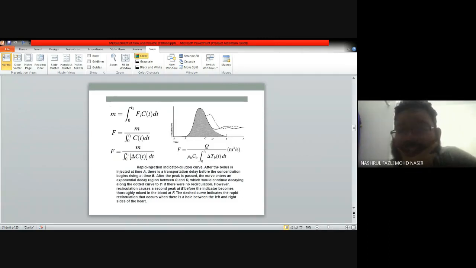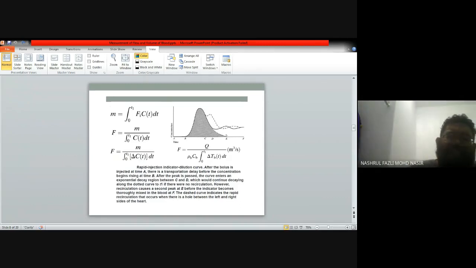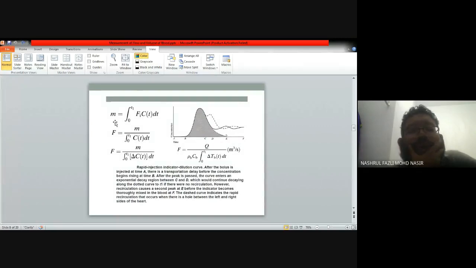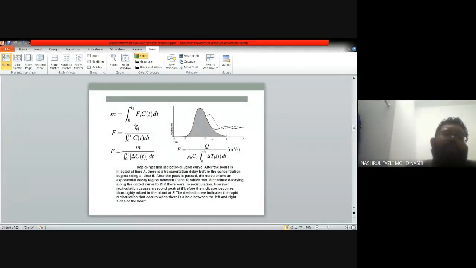Integrate, sorry, integrate. Okay, so now you know the dm. Just now you wanted to measure changes, but now you want to measure how much indicator you have, so you integrate this flow and also the concentration.